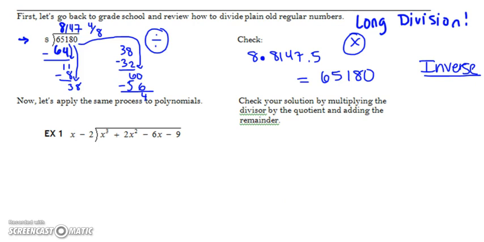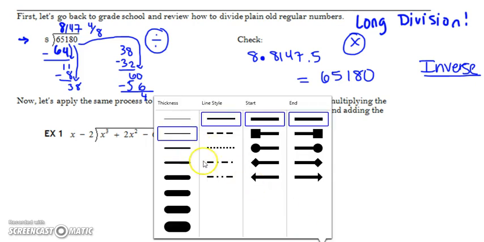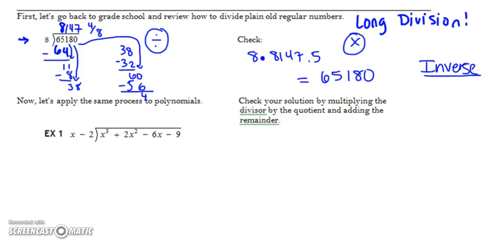Before we get into our actual example that relates to class today, I want you to notice a couple of things. At no point in time did we try to figure out the 8,147. We took it one piece at a time, okay? And that's very, very important. We took it one number at a time.